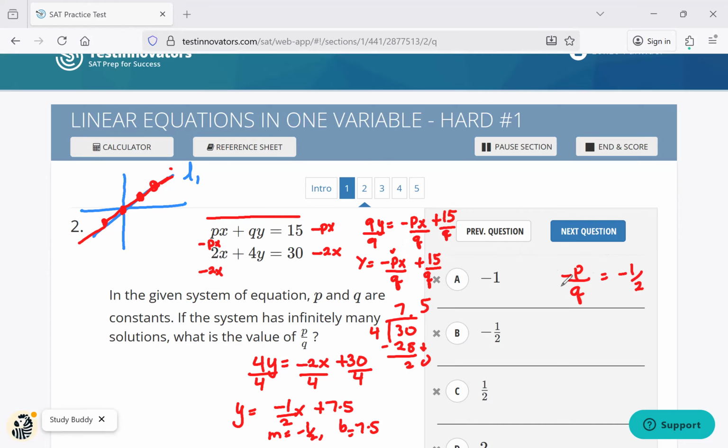Now, if I get rid of this minus by dividing both sides by negative 1, you get p over q is equal to positive 1 half. So it's going to be C. So p over q is going to be positive 1 half.